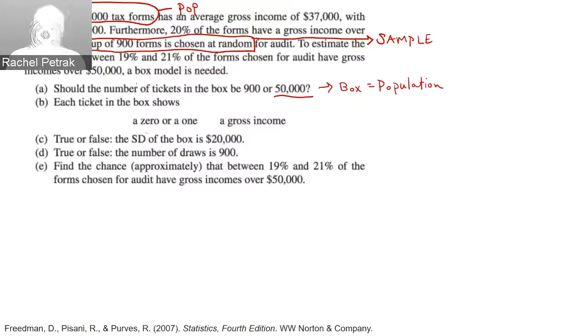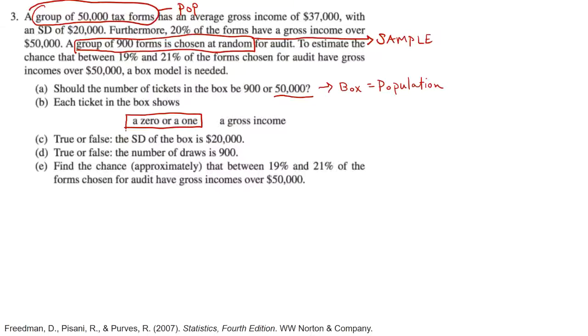So we can classify the incomes as over 50,000 or not over 50,000. So our box is zeros and ones. Now, true or false, the standard deviation of the box is $20,000. That's right. This is false.